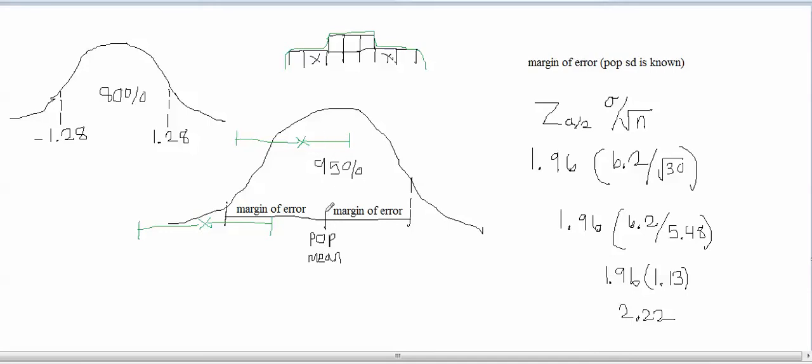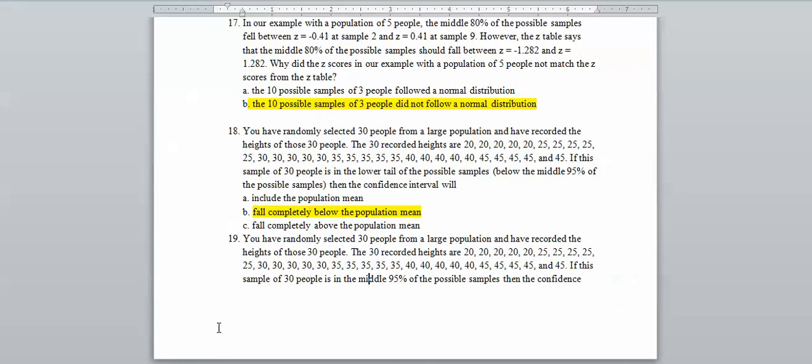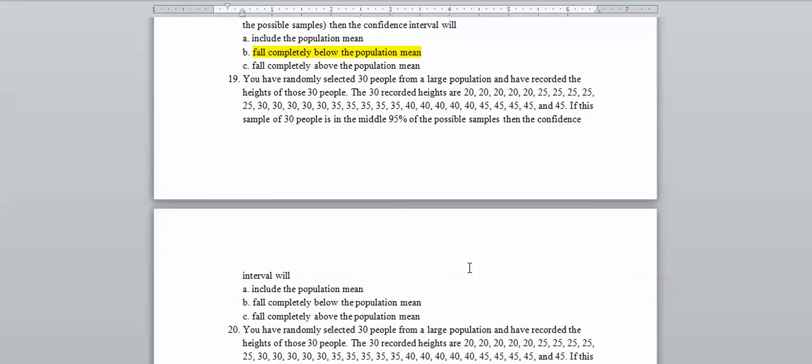The population mean will fall inside of the confidence interval in that case, as long as the sample came from somewhere in the middle 95%. So it will include the population mean because it came from the middle area.